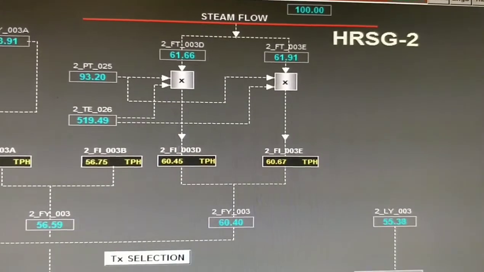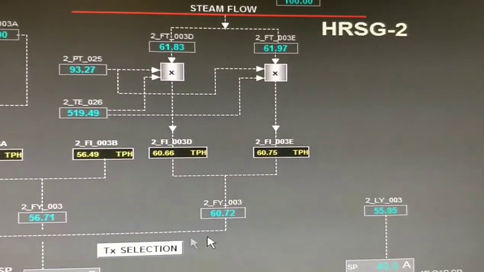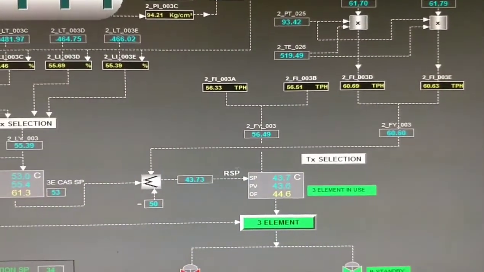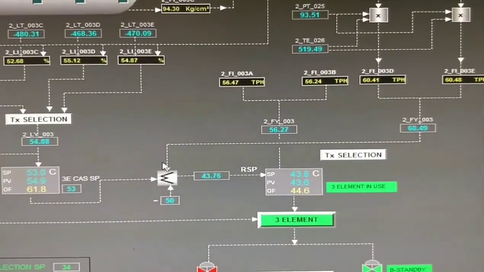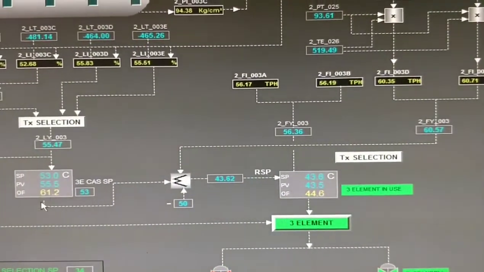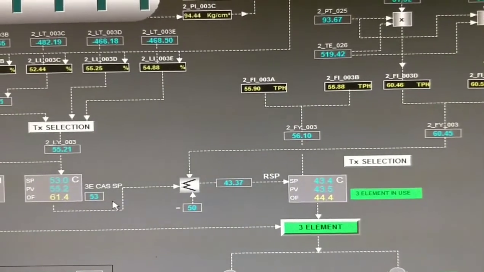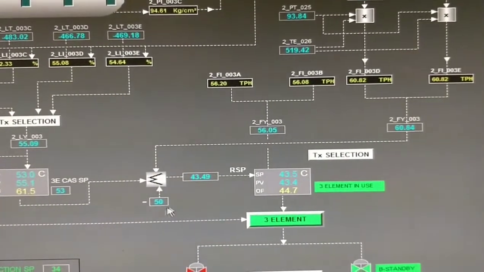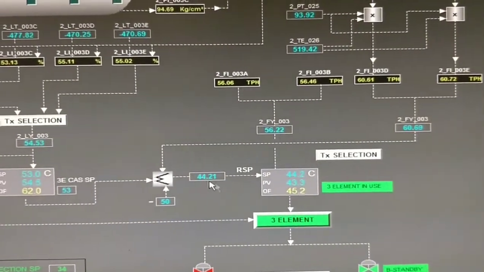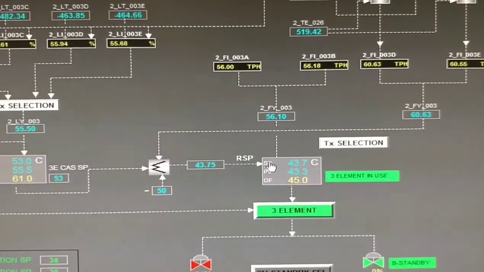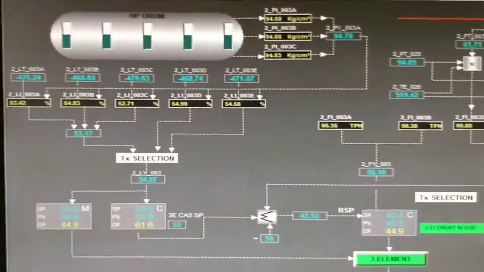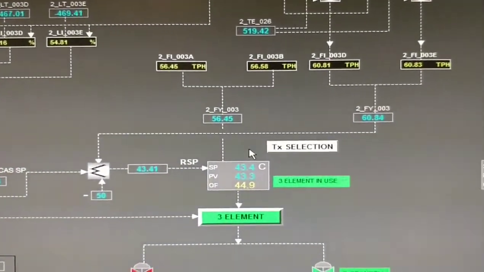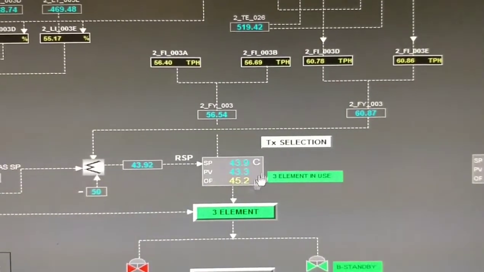Now this compensated steam flow is averaged at this point, and this average reading is used in the calculation of the remote set point. This remote set point is made with the summation of the 3 element drum level controller's output and the average steam flow output, minus this 50% bias, and it generates one remote set point for controlling the boiler drum level through the 3 element feed controller.